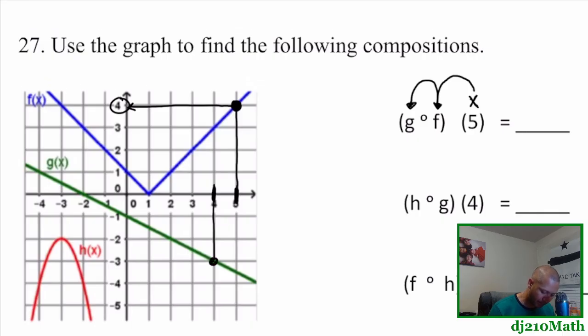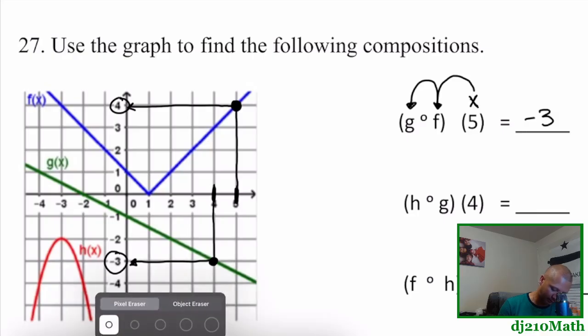So this point here is -3. So the answer is -3. X goes in, does some calculation, that's the new x, goes to the next graph as its input, and then the final output. Okay, you might want to watch that a couple times as well.